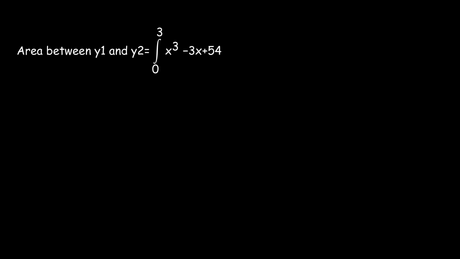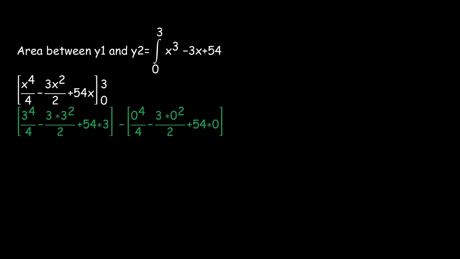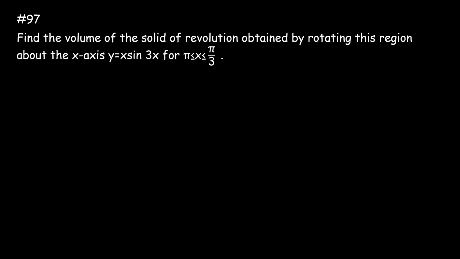That would be x to the power 4 over 4 minus 27x to the power 2 over 2 plus 54x. From 0 to 3 means we plug in 3 in there, like so. Plug in 0 as well, and we work it out, practically. This will give us our final answer, which is 168 square units.